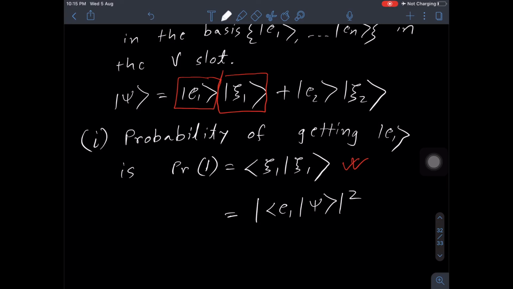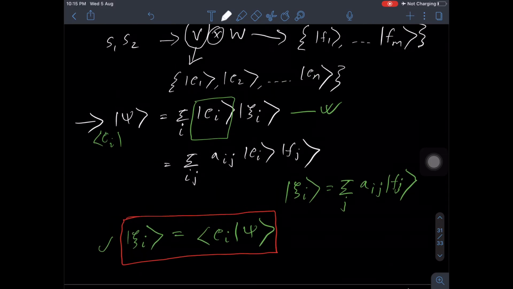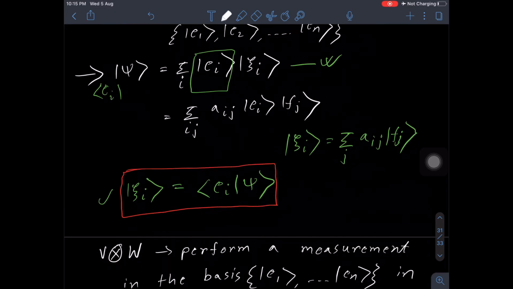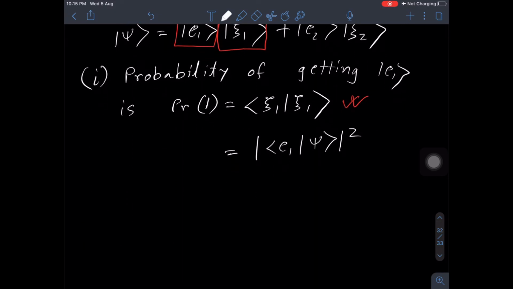Because you can see that if you take this inner product of psi with E1, you just get that xi1. So it's the same thing. So this is something we got here as well, this line. Okay, so this is the probability.